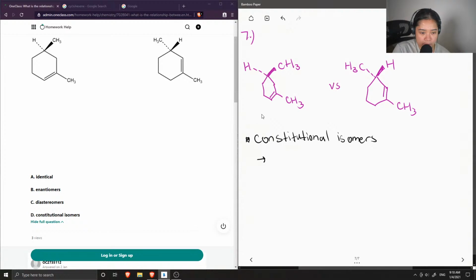So constitutional isomers is when we have the same molecular formula, but different connectivity.